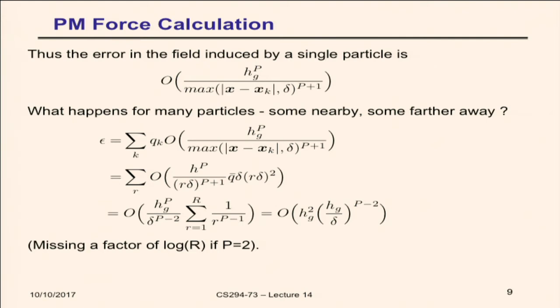Again, we assume that the particles, at that level of granularity, are uniformly distributed with a uniform density q bar. So what does this guy become in each of those shells? Well, it's h to the p divided by (r delta) to the p plus 1, times q bar, times the volume of that spherical shell, which is (r delta) squared.